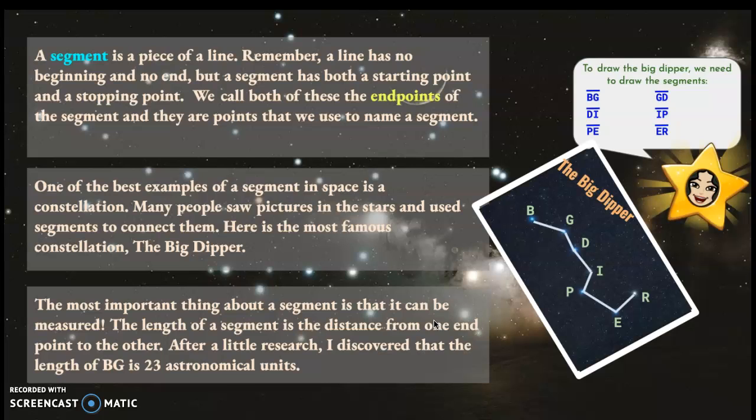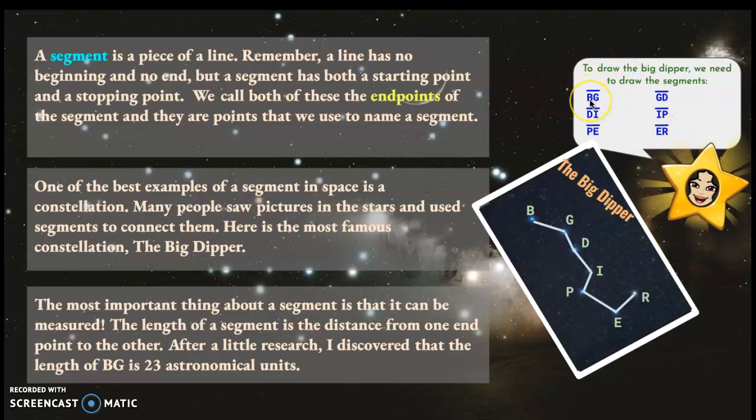Now, when we look right here in this slide, you can see that I decided to use the constellations. I used the Big Dipper. When I look over here at this Big Dipper, I can see all of the different parts that connect to make it look like a dipper. Now, when we draw those segments, we use the names up here.